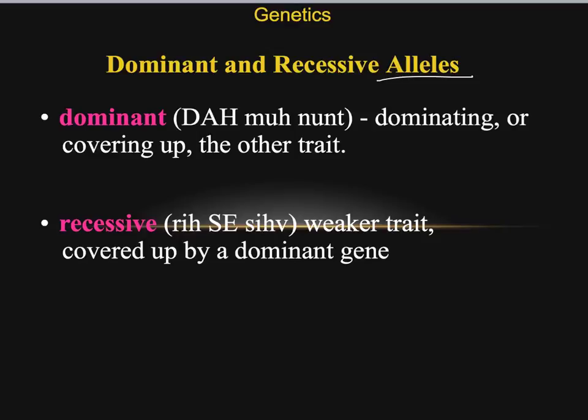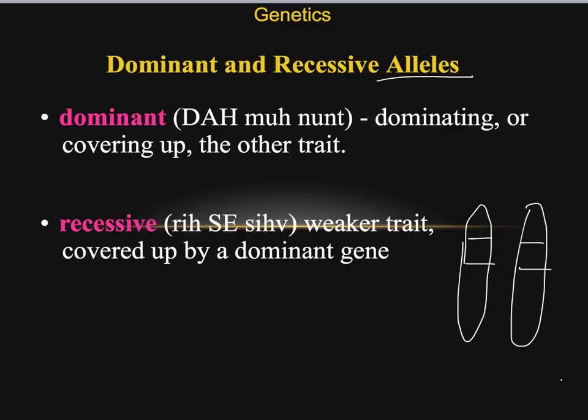But I want you to start to understand this at this point. Again, here are my chromosomes, and a section of the chromosome is called a gene. They're always in pairs. We can have what are called dominant or recessive genes.